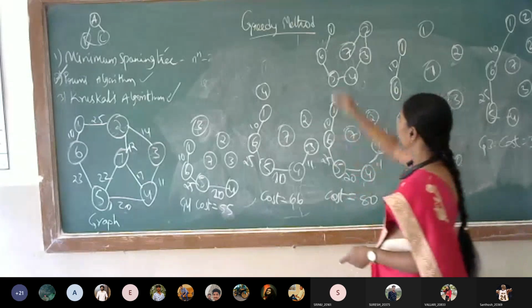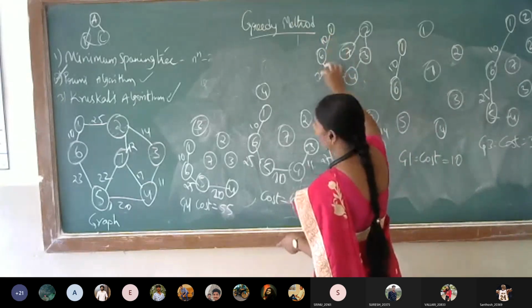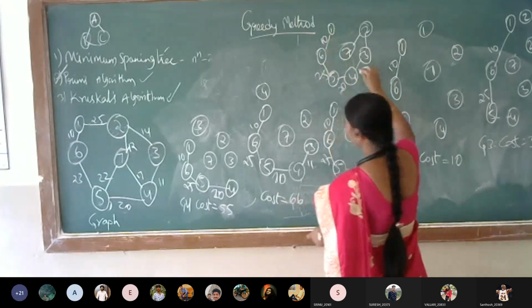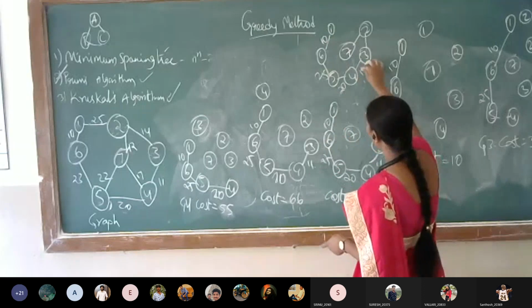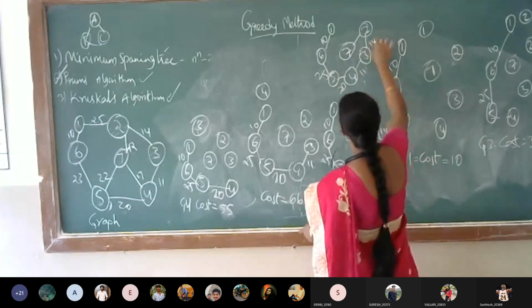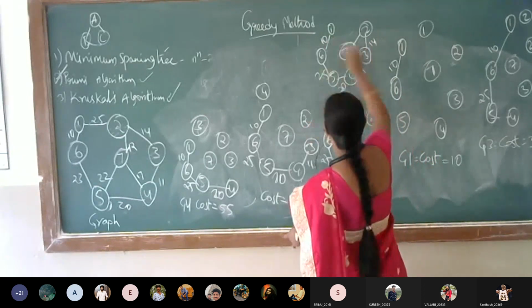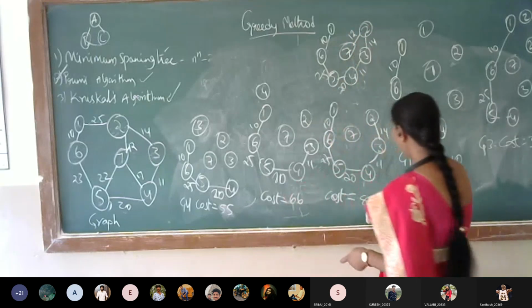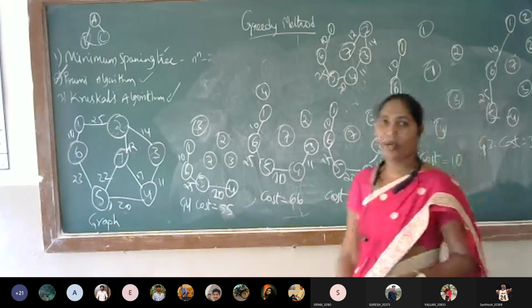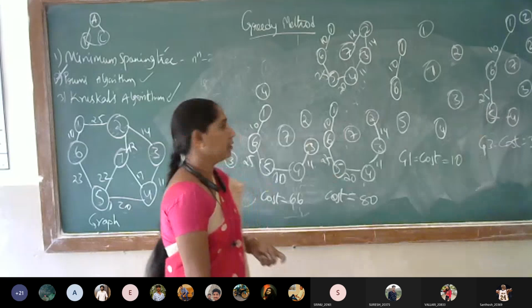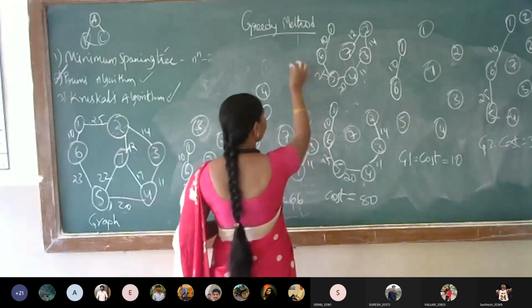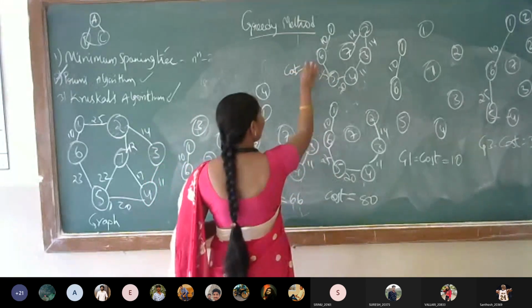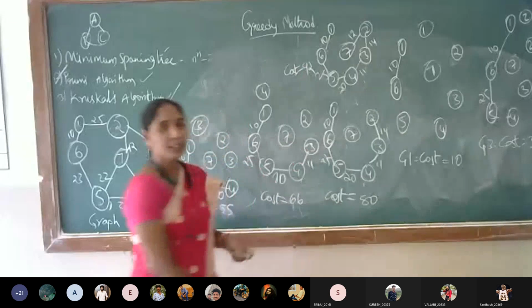So I will be getting the cost as 10, 25, 20, 11, 14, and 12. 80 plus 12 is equal to 92.